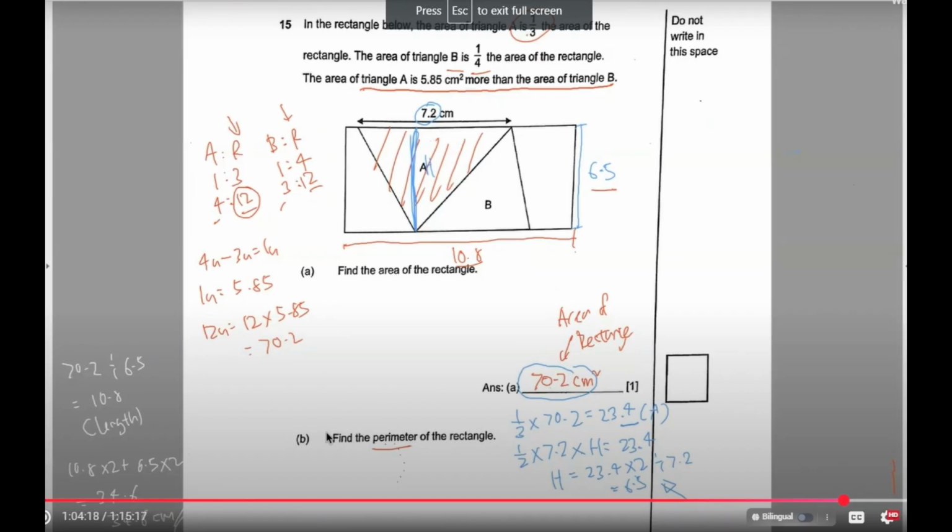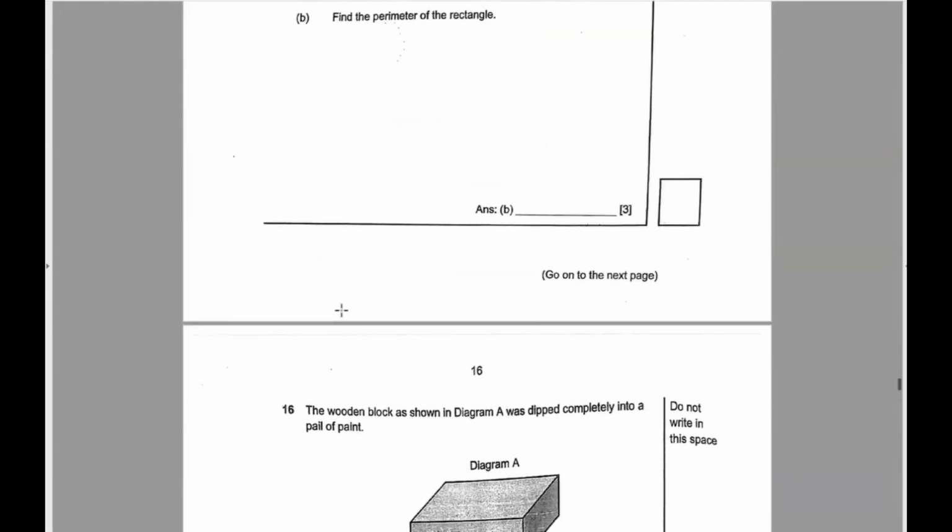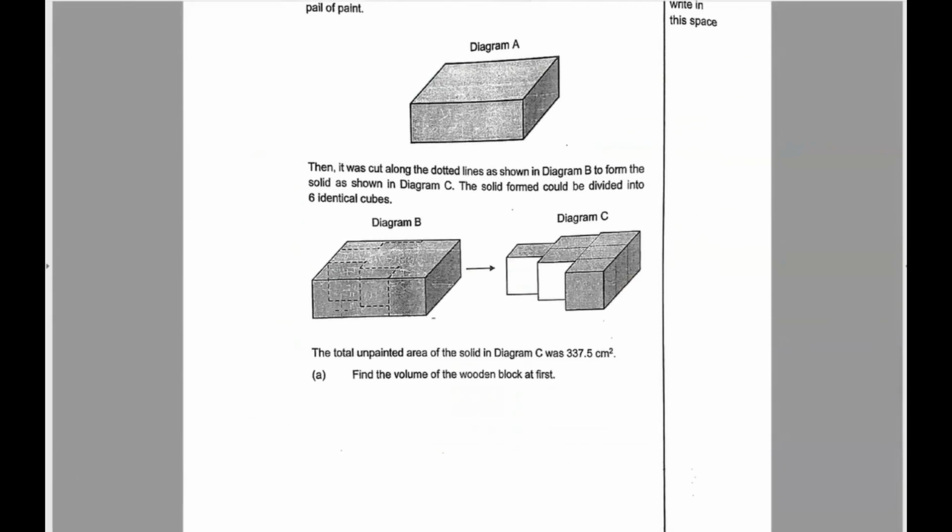Question 16 is a bit difficult if you cannot imagine, cannot visualize. Then it's quite difficult for question 16. Okay. Now, the wooden block as shown in diagram A was dipped completely into a pail of paint.